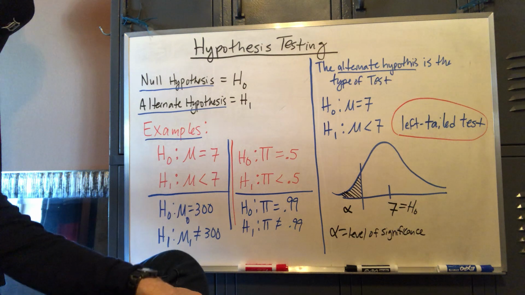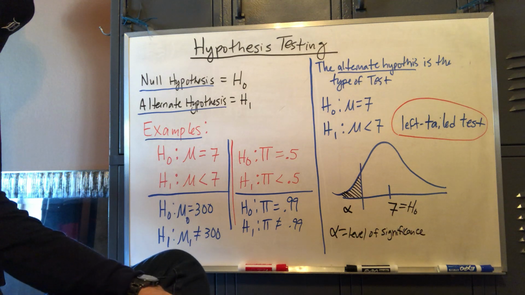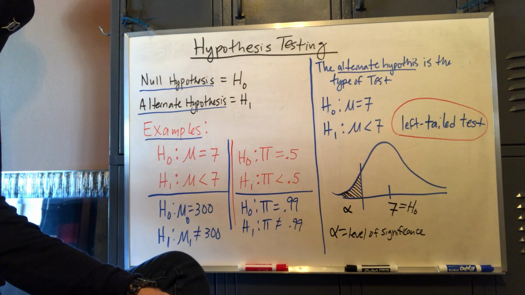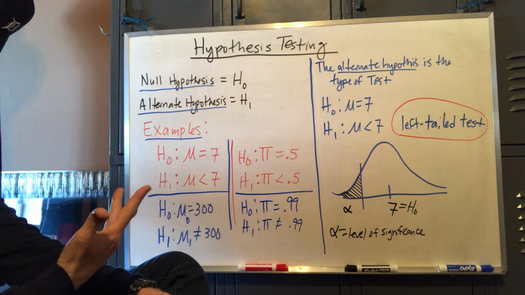That is what is assumed, what is commonly known, like 50% of all people on the earth are females, or the average person sleeps 7 hours a night. And then we take samples, and from that we will try to disprove it. Either we think it's greater, or we think it's less, or we think it's just not that, right? We think it's different. So it's either greater, or less, or different, okay?